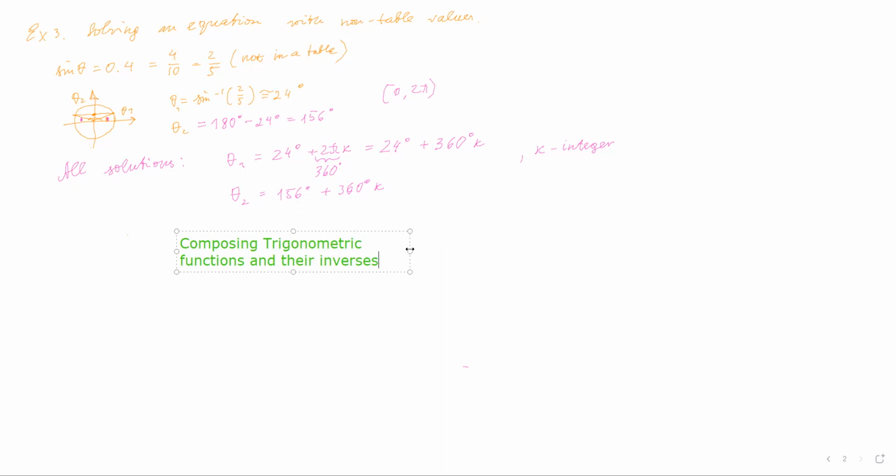You probably tell me that, okay, we do know how to compose them, right? We do know cancellation equations, that if you take a direct function and then its inverse function, you are going to get the argument. And that's correct. But it works when the direct function and inverse function are the same function. For example, if you have sine inverse of 1 over 2, it's easy to compose it.